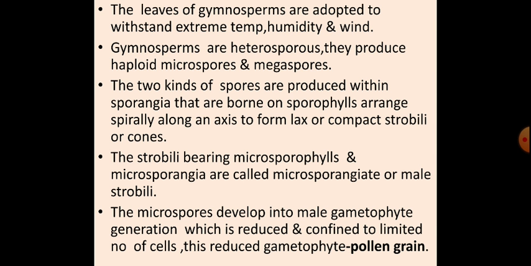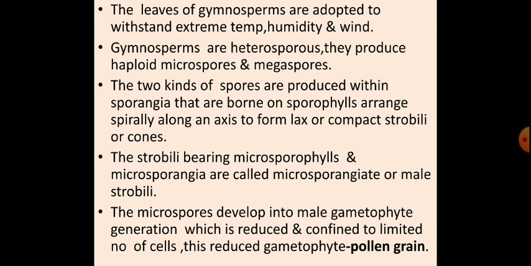These two kinds of spores are produced within the sporangia that are borne on sporophylls. The sporophylls contain compact structures called strobili and cones. Same thing you have studied in pteridophytes. Sporangia contain sporophylls. Sporophyll contains compact structures called strobili or cones.